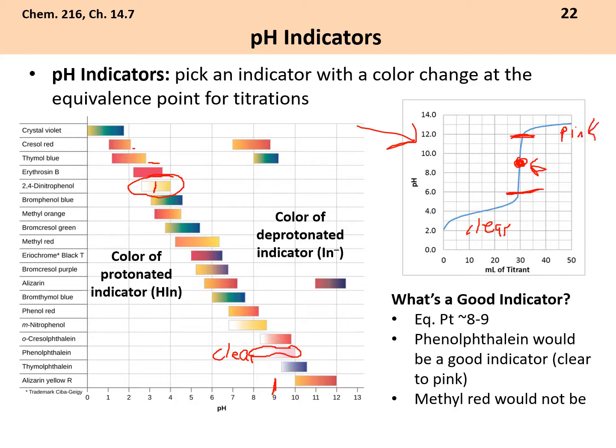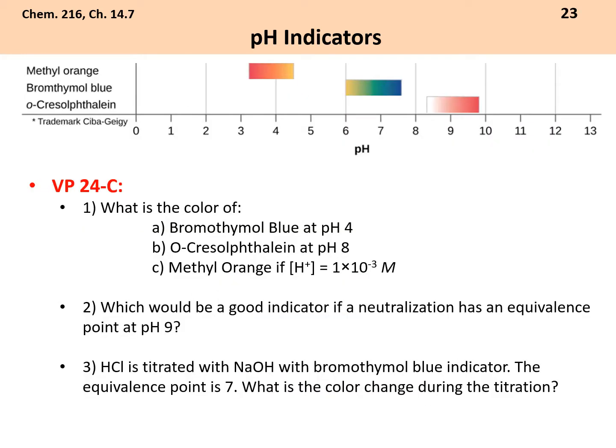When we first see that pink color, we'd say, hey, we're at our equivalence point. I say here methyl red would be a bad choice because it would already change color right here.